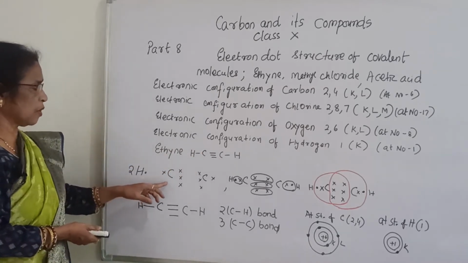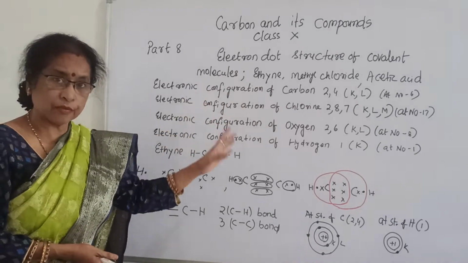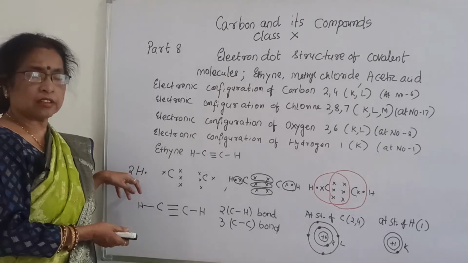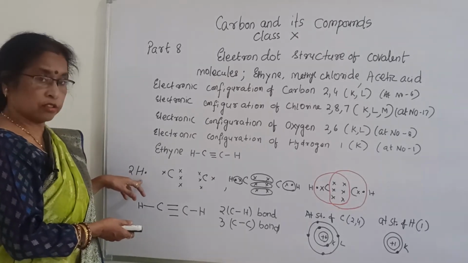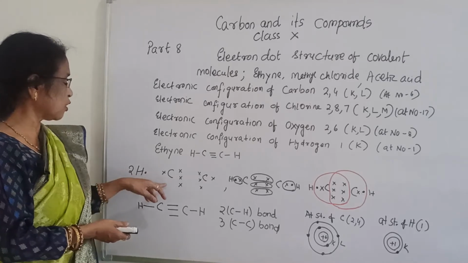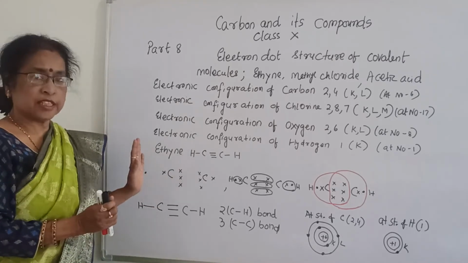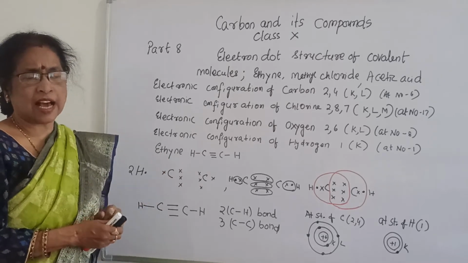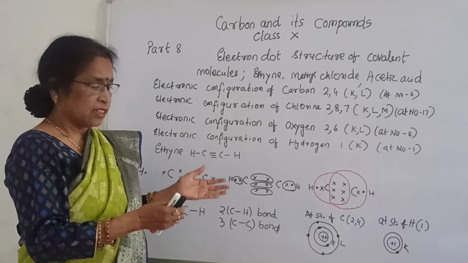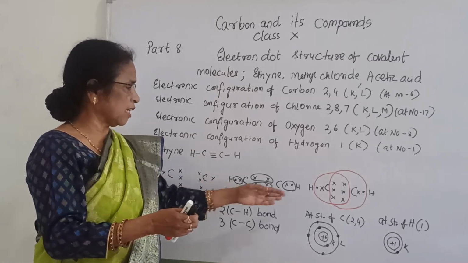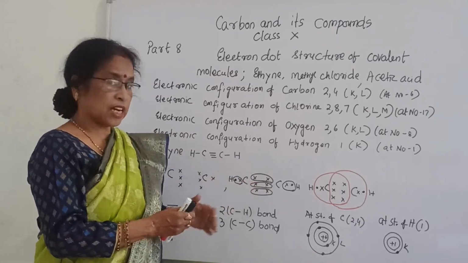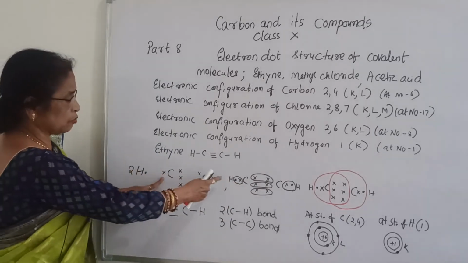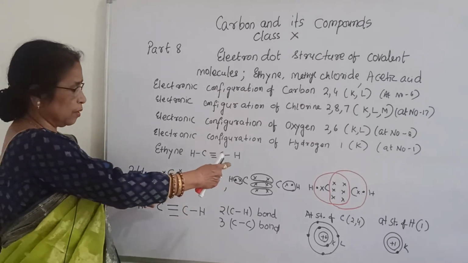Carbon has 4 electrons in the outer shell, the second carbon also has 4 electrons, and hydrogen has 1 electron, shown by a dot. The carbon is here, the second carbon also here. Then how do the electrons arrange? The hydrogens on this side and that side come near to the carbon. Carbon has 1 electron and hydrogen has 1 electron, and they form a covalent bond.